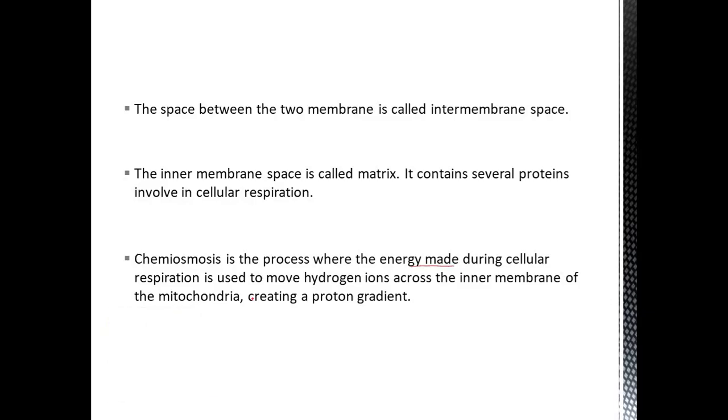Here, energy made during cellular respiration is used to move hydrogen ions across the inner membrane of the mitochondria, creating a proton gradient. Here proton is hydrogen ion, and a proton is positive in charge. It creates a concentration gradient that is called chemiosmosis.